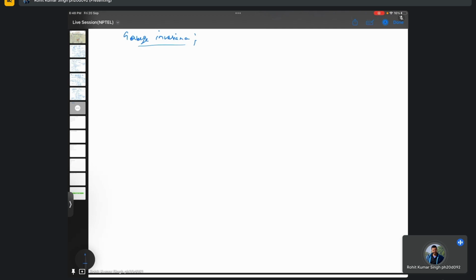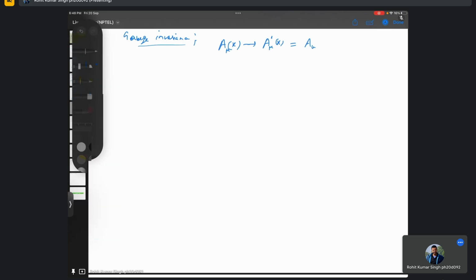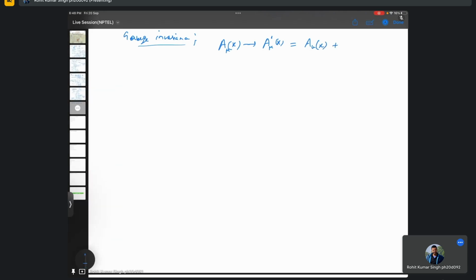So what is the gauge transformation on the potential? If you have this 4-vector potential and you transform it like this, so A_mu prime is equal to A_mu plus the 4-derivative of some scalar theta(x), so that the change in A_mu(x) is given by this.